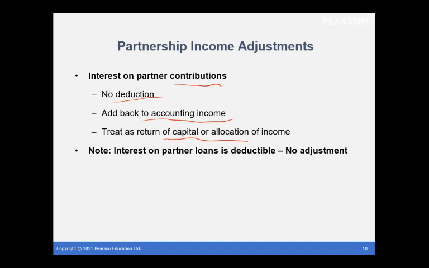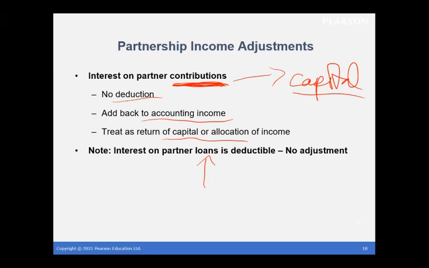Oh, and by the way, this is on partner contributions, which is different than loans. Partner contributions are part of the partner's capital. And one of the things we're going to do here is learn to calculate that capital account, meaning what is your investment? What is your position with the partnership?